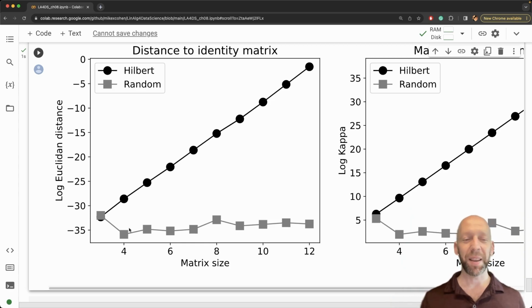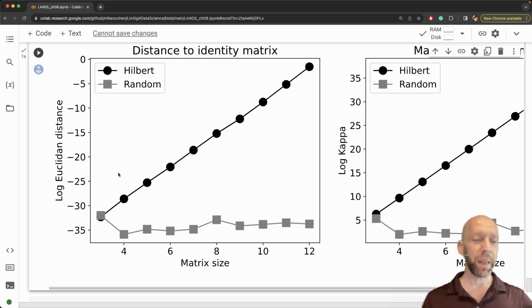And that's just numerical inaccuracies and rounding errors when it comes to computing the matrix inverse. Okay, but the important thing to notice is that for a random numbers matrix, that distance to the identity matrix is small, but it's consistently small. It's basically minus 35, regardless of the size, at least going up to 12 by 12 matrices.